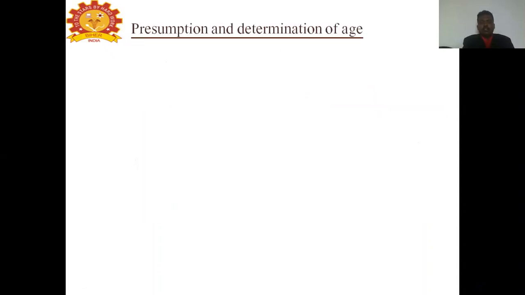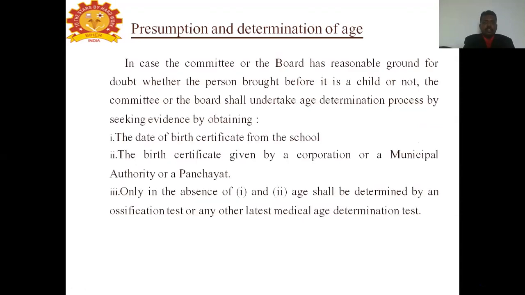Next we are going to see the presumption and determination of age. In case the committee or the board has reasonable ground for doubt whether the person brought before it is a child or not, the committee or the board shall undertake an age determination process by seeking evidence, by obtaining the date of birth certificate from the school, or the birth certificate given by a corporation, a municipal authority or a panchayat.